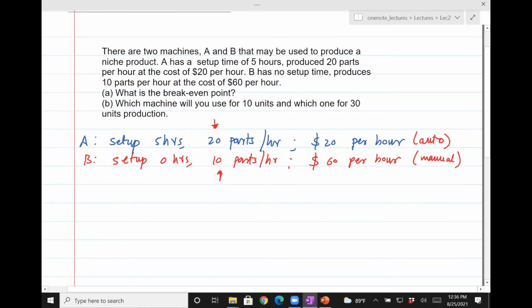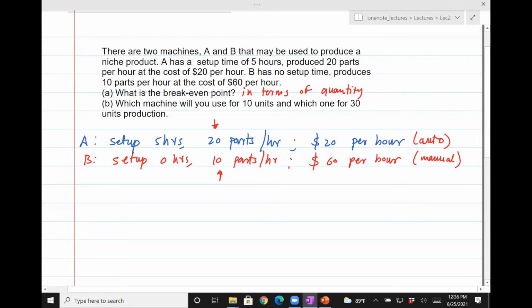Okay, and when I say break-even point, I should have mentioned it in terms of quantity. There are actually two break-even points you can think of. One is, when do you break even in terms of time, and when do you break even in terms of quantity? So what is the number of parts you need to make on the machine, such that the cost for A and cost for B are the same?